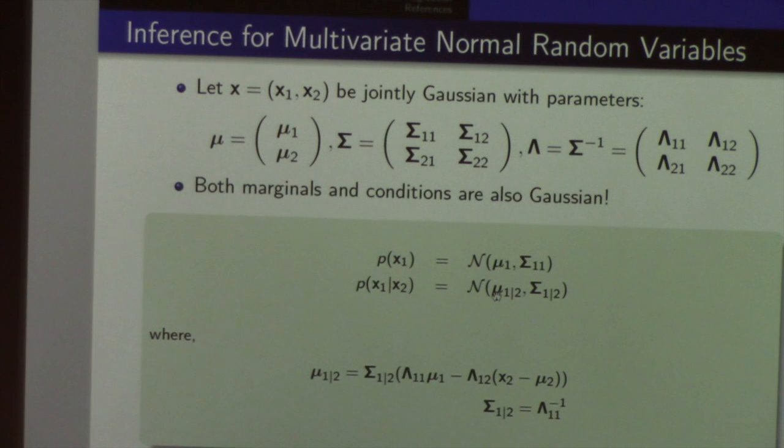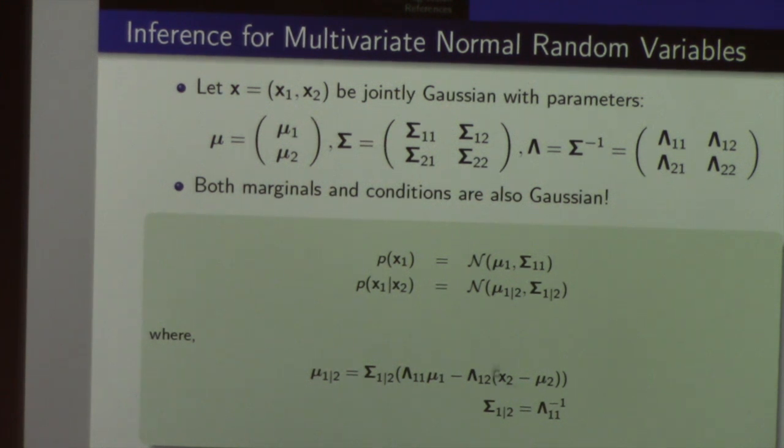That also turns out to be a Gaussian. We will not go into the math that much, that's too detailed. But the main thing you want to remember is this: for a Gaussian distribution, if you have a joint Gaussian, then the marginals and conditionals are also Gaussian, and you can compute the means and covariances.